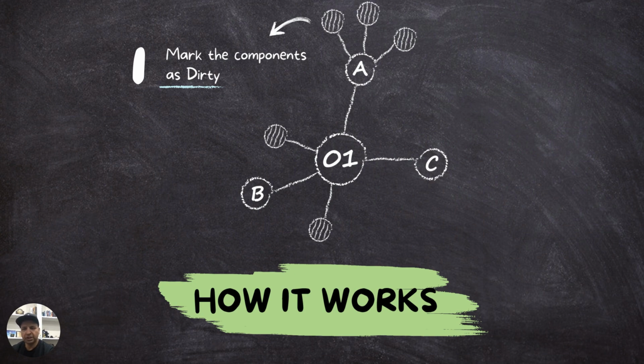Before we dig into the strategies, let's try to understand how the change detection process works in general. Long story short, the process involves two stages. The first stage marks the clicked component as dirty, which tells Angular, hey, this component needs a checkup.